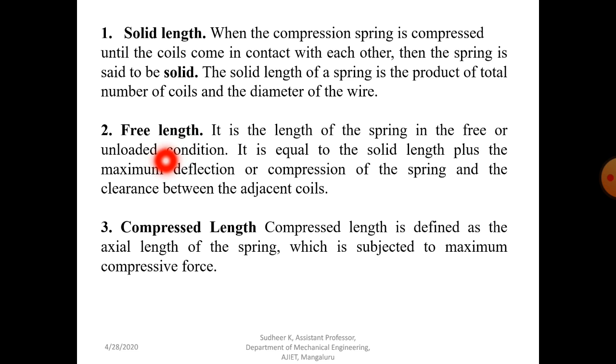The second terminology of helical spring is free length. Free length is the length of the spring in the free or unloaded condition. So without application of any load, what is the length of the spring? That length we call free length. It is equal to the solid length plus the maximum deflection, denoted by delta, or compression of the spring, and the clearance between the adjacent coils, whatever gap arises between the two successive coils.